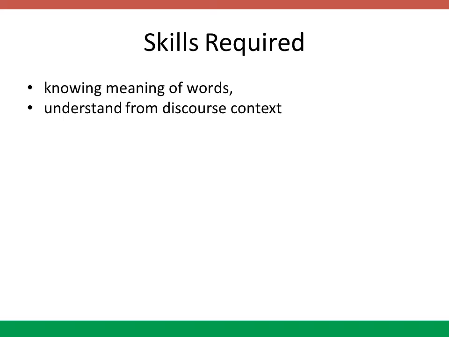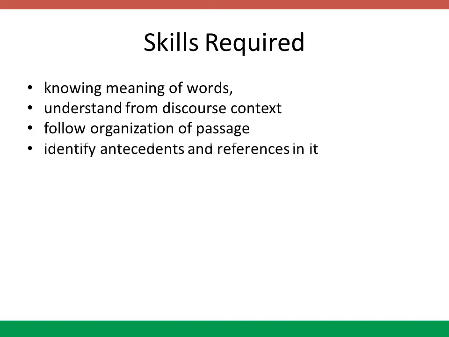And we should have the ability to understand words and usages from the discourse context. Then we should have the ability to follow the organization of the passage, how the passage has been organized.